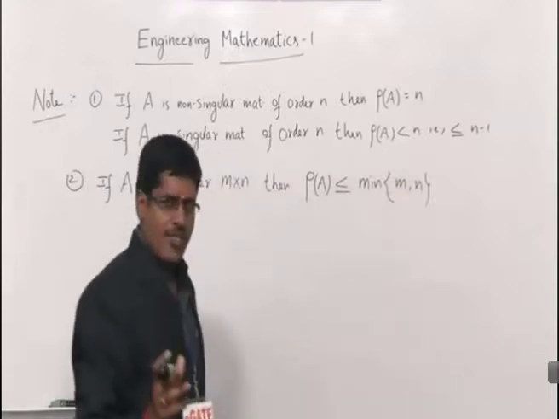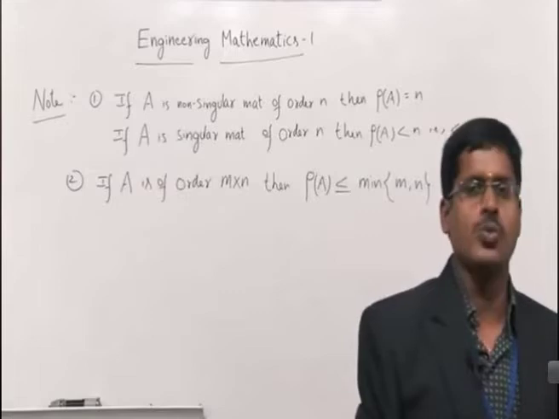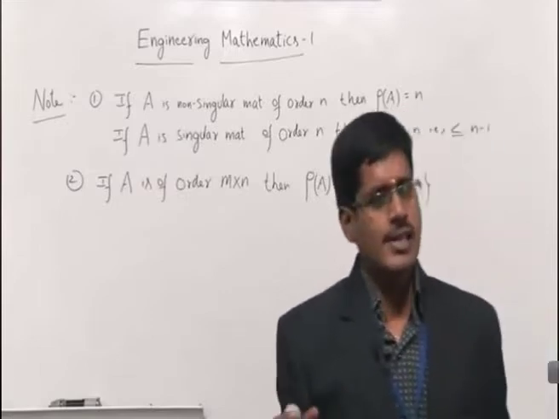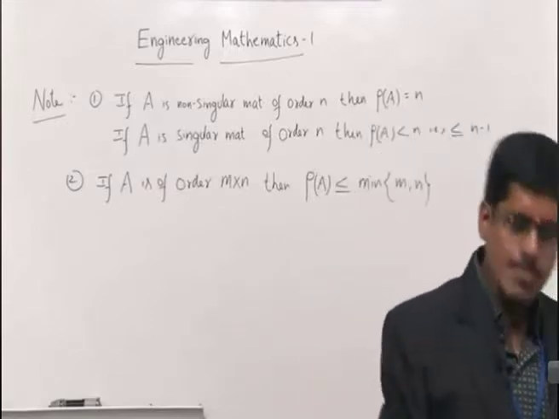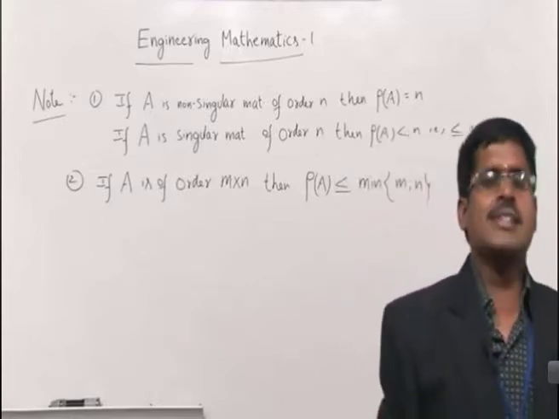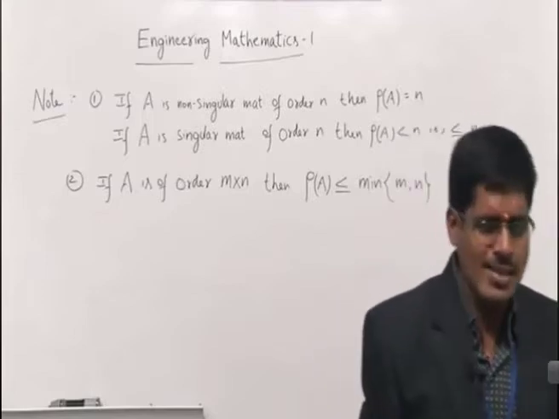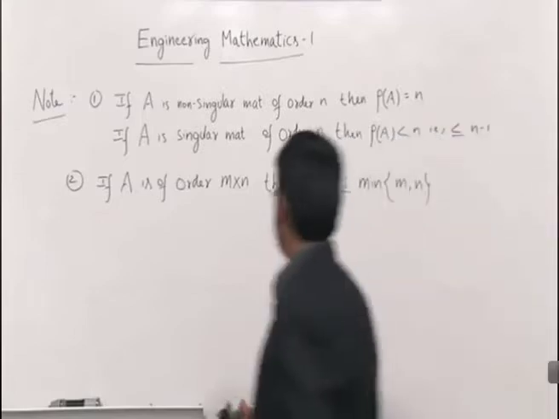So m stands for the number of rows, n stands for the number of columns. Find the minimum of these two. Then the rank of that matrix is always less than or equal to this minimum. That means the rank of a matrix never exceeds the number of rows as well as the number of columns.